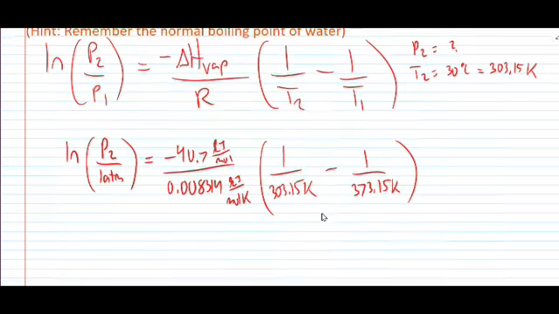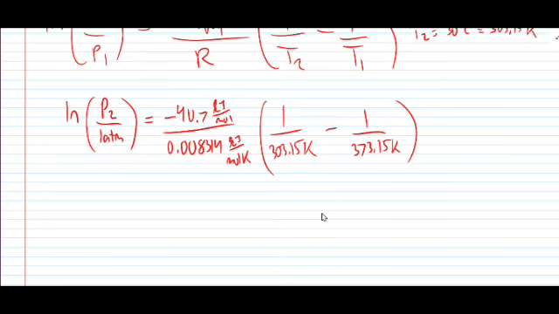And so now we are ready to combine all these terms. We'll see that kilojoules cancel, moles cancel, 1 over Kelvin cancels with 1 over Kelvin. We're left with a whole number. We put that in the calculator all in one piece: negative 3.029, going a little bit extra there just to maintain our sig figs.